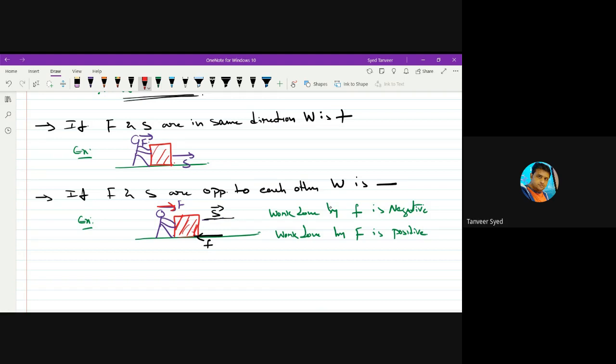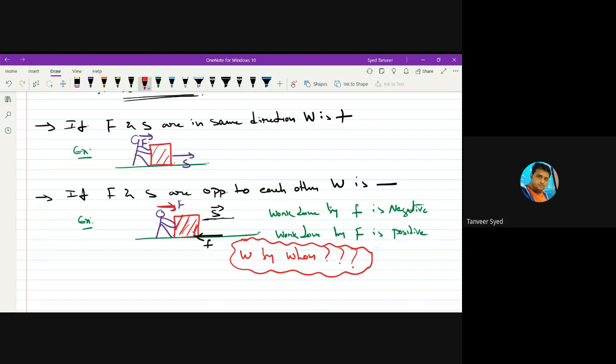So you should read the question carefully. What work done by whom is asked? This is an important question. You should identify this first while solving questions related to work done, because in the same situation, work might be done by more than one force. Whose work is to be calculated in the question? That is to be identified first.